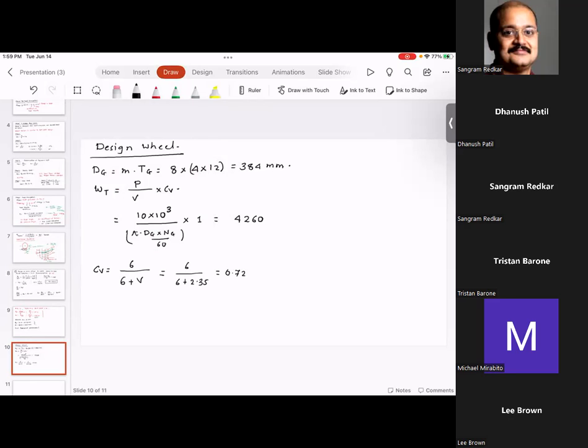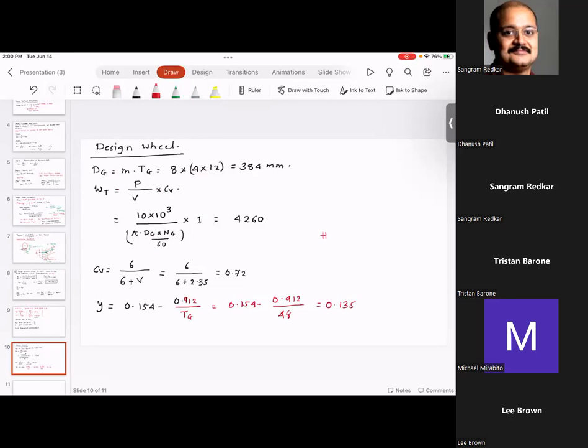And the Lewis's form factor for a 20-degree involute tooth, which is the value of y, is 0.154 minus 0.912 divided by TG, which is 0.154 minus 0.912 divided by 48, equal to 0.135.